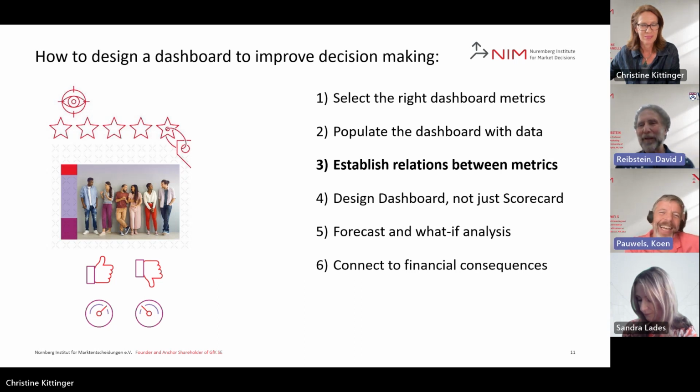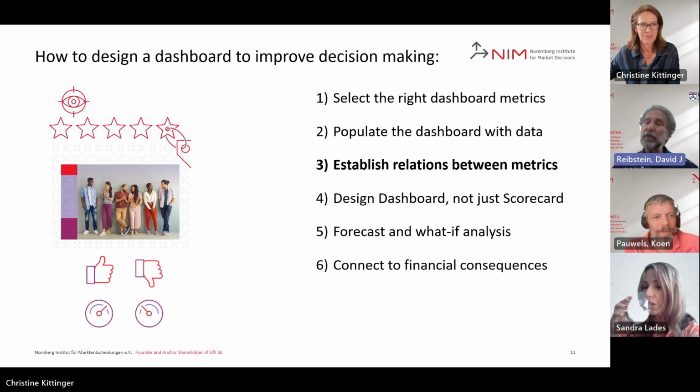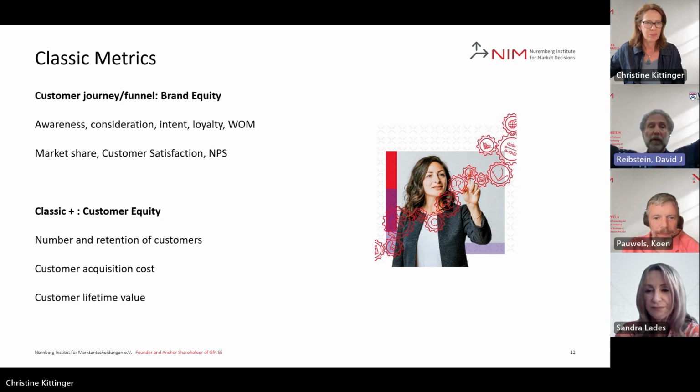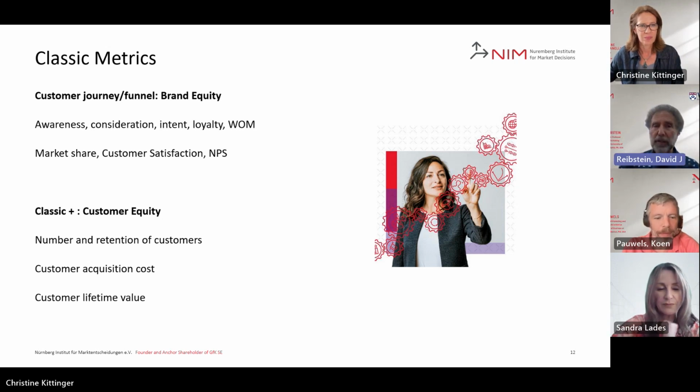So that'll be helpful. But very quickly, there's a whole bunch of classic measures that we frequently have, things that track the marketing funnel that we're very, very used to, from awareness all the way down to sales. We could think about awareness and consideration, intent, loyalty, word of mouth.